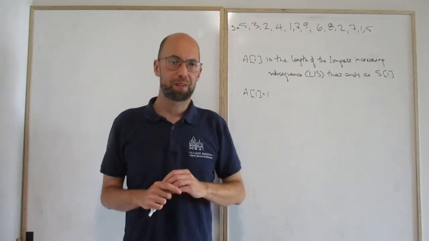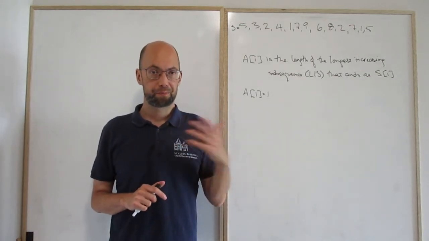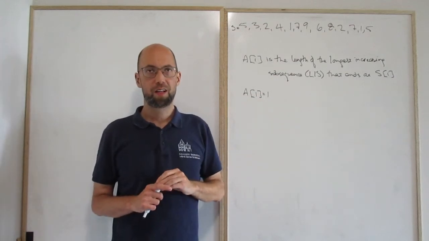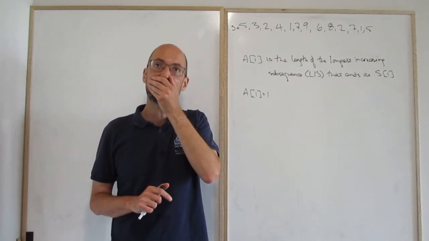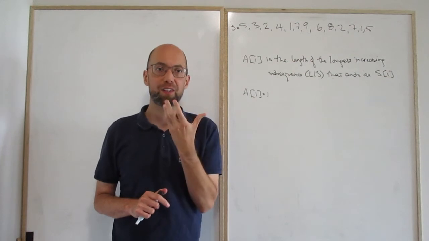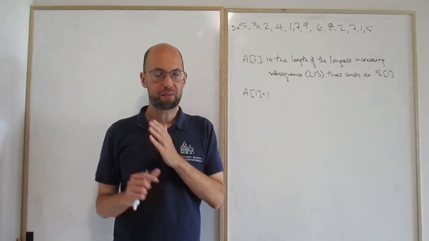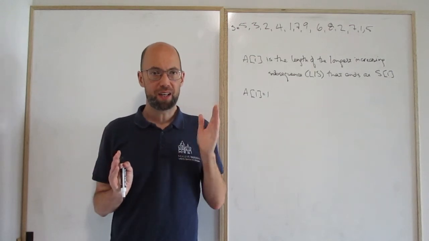Now, I don't know if I should have done this as a special case, but in general, how are we going to figure out A_i, given that we have A_1 to A_(i-1)?